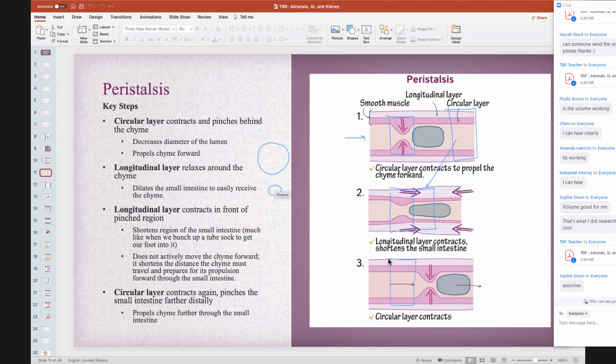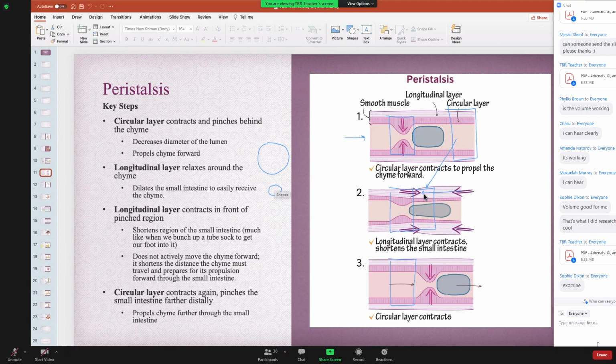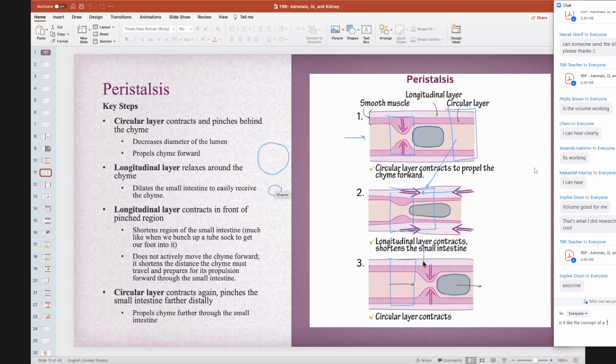And once we bring the longitudinal layer over and we bring the circular layer next to the circular layer that we already contracted, this new circular layer will contract. And as it contracts, the longitudinal layer will relax, and that's going to expand the tube.